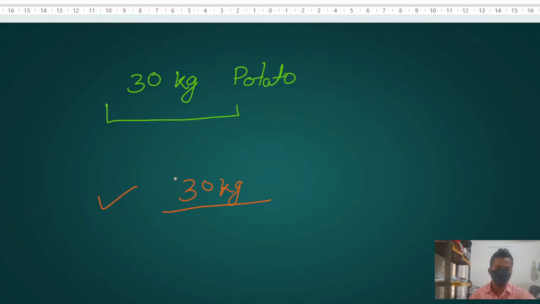Two parts are there. One is 30 and another is kg. So one is called the numerical part and the other is called the unit. When any measurement is expressed, the thing which is used to measure it is called the unit. Here the unit is kg.